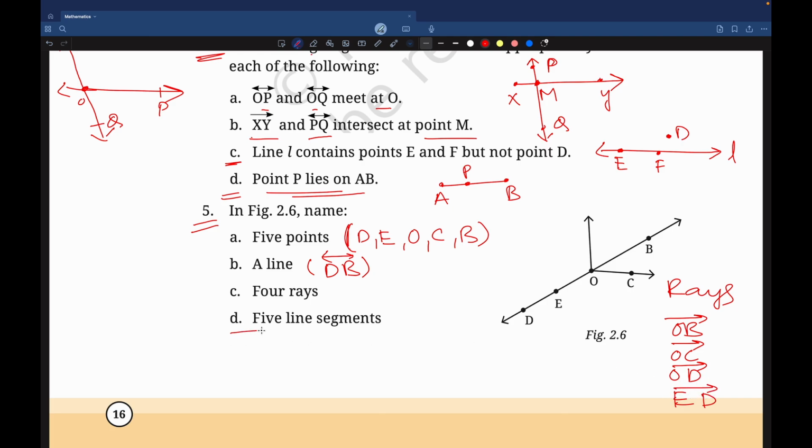Then 5 line segments. Line segments are DE, DO, then we have EO, then we have OB and OC. 5 line segments.